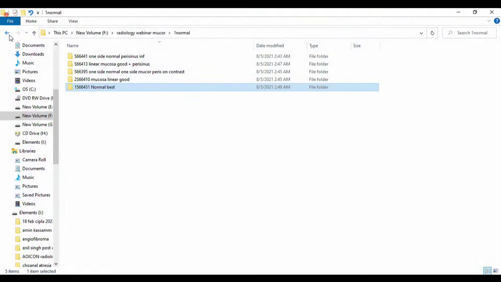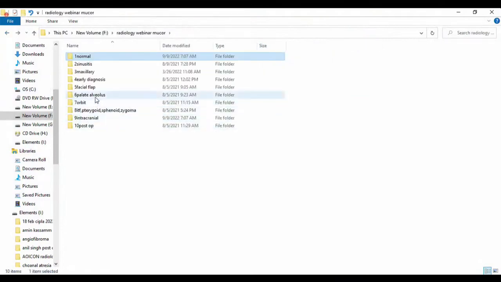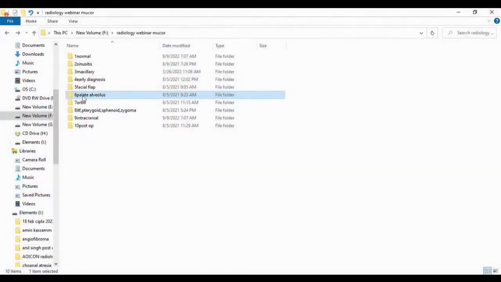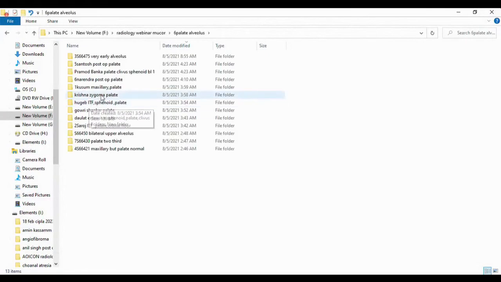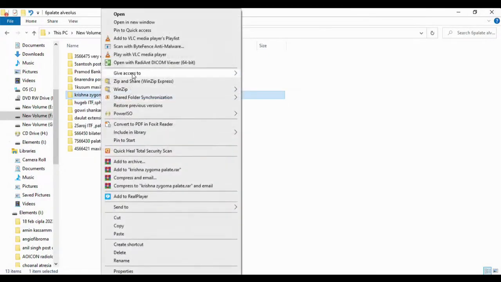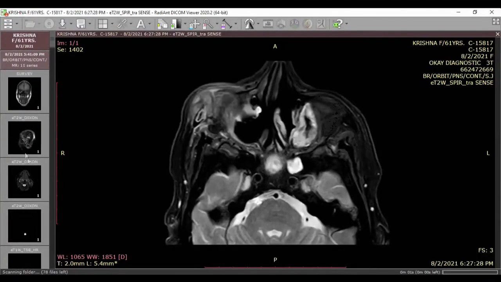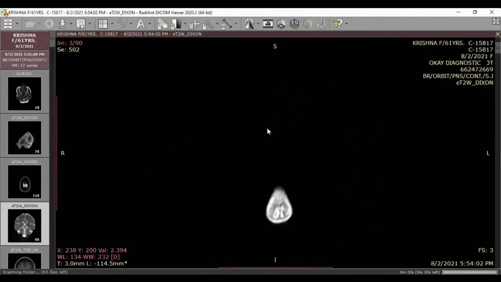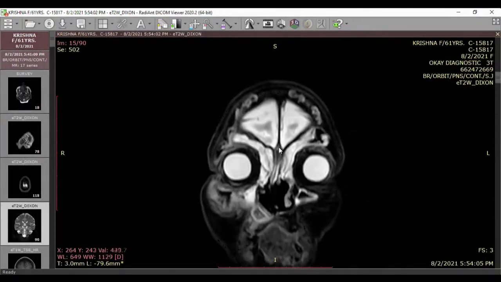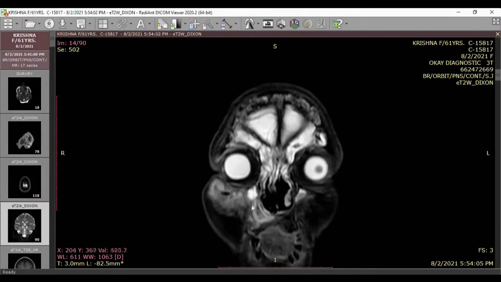Now, I'll give you a couple of examples where you can see it easily on fat suppressed. See this patient, T2 weighted. What is there in the alveolus and palate?